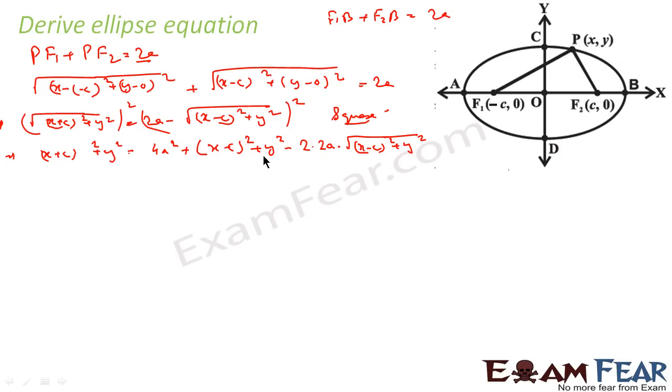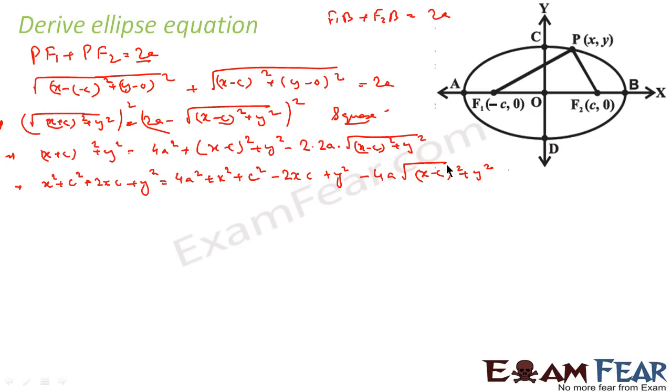I'm just solving this equation. So what I'm getting is, I'll expand this, I'll get x square plus c square plus 2xc plus y square is equal to 4a square plus x square plus c square minus 2xc plus y square minus 4a into root of (x minus c) square plus y square.